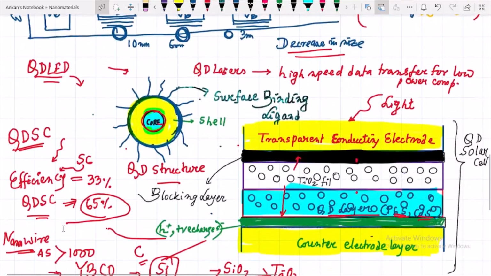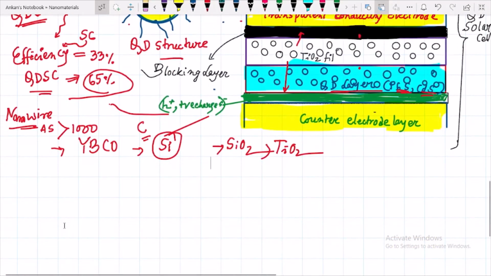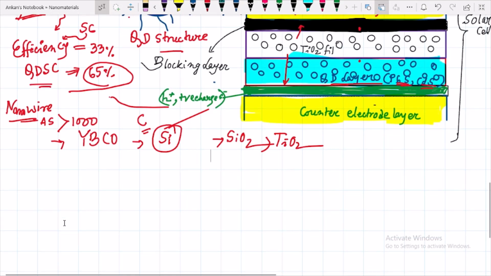And nanowires are very effective in high speed data transfer and storage devices in our computers, etc., and to form the NOMFET, that is, the nanoparticle organic field effect transistor, which is very important as the fundamental building element of modern day electronic circuits.